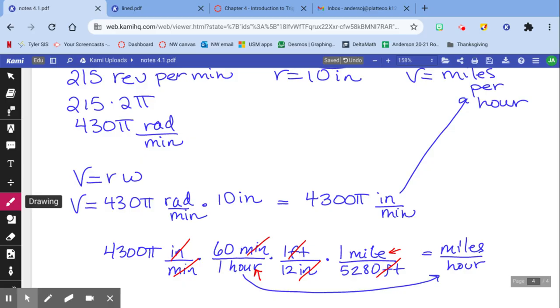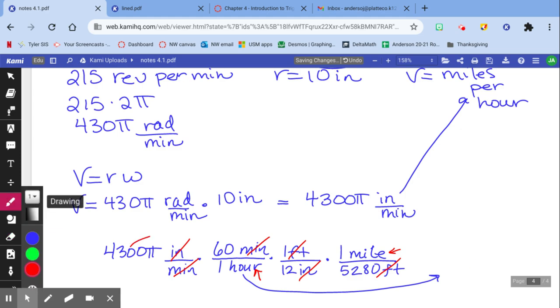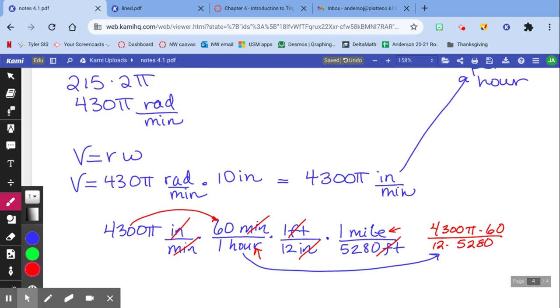And so now I need to multiply all of the numbers that I have. I'm going to take 4,300 pi times 60, and I'm going to divide that by 1 times 12 times 5,280.